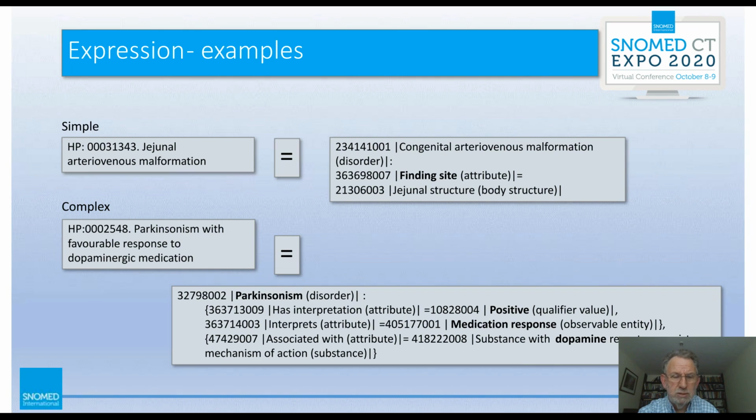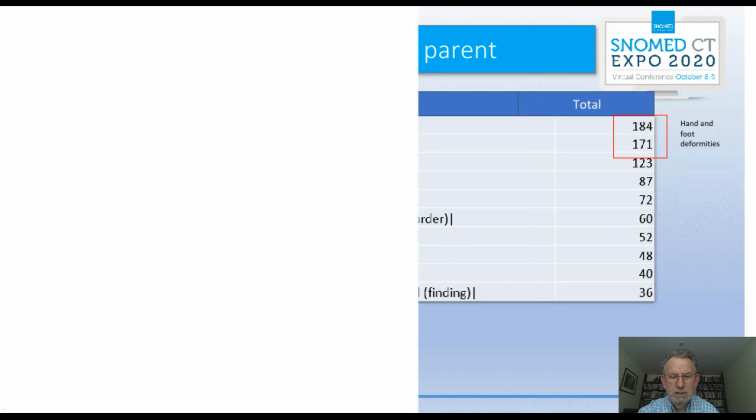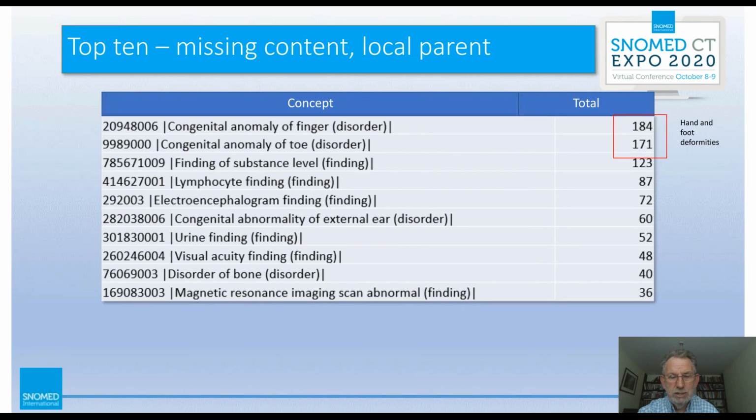A more complex expression, which will probably not get included in a SNOMED term, is around Parkinsonism and the treatment. So Parkinsonism, positive response to medication from dopamine, using three different attributes there, a complex expression. But it does define the meaning exactly in SNOMED terms.